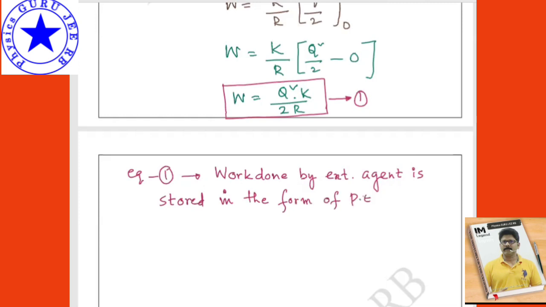So this we are going to calculate: the potential energy of the capacitor, which is nothing but we can also say the electrical energy of the capacitor, right? Hope it is clear till this point.